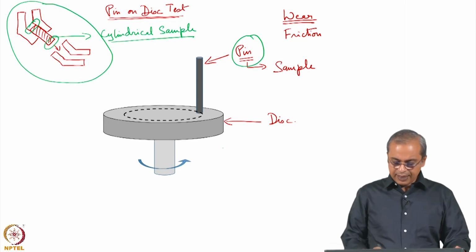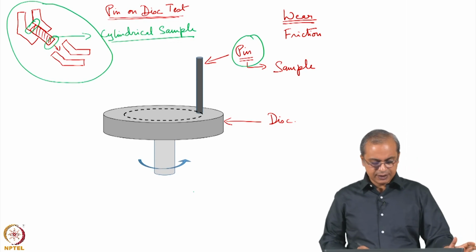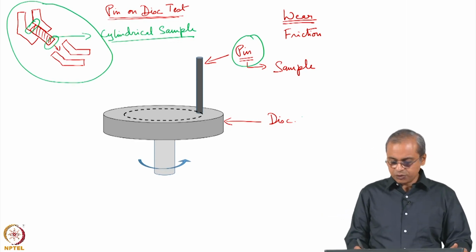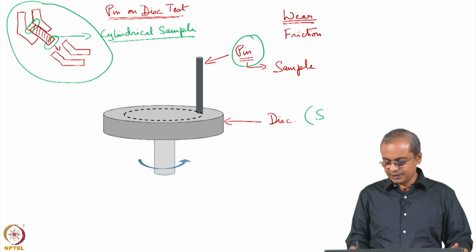So, you get the pin and you get the disc, and the way the test works is that this disc is also some standardized disc.